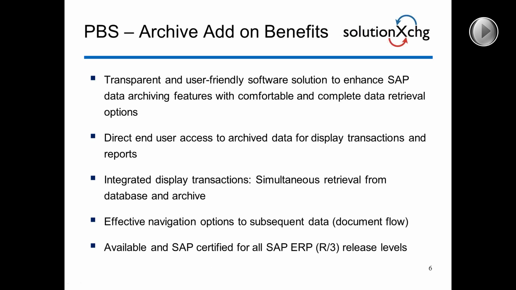With the PBS archive add-ons, the major benefits are that your retrieval becomes very transparent for the user, and it's very user-friendly software, simulating the normal transaction codes that users go through in order to do their retrieval, and providing the same experience when looking at online versus offline data.